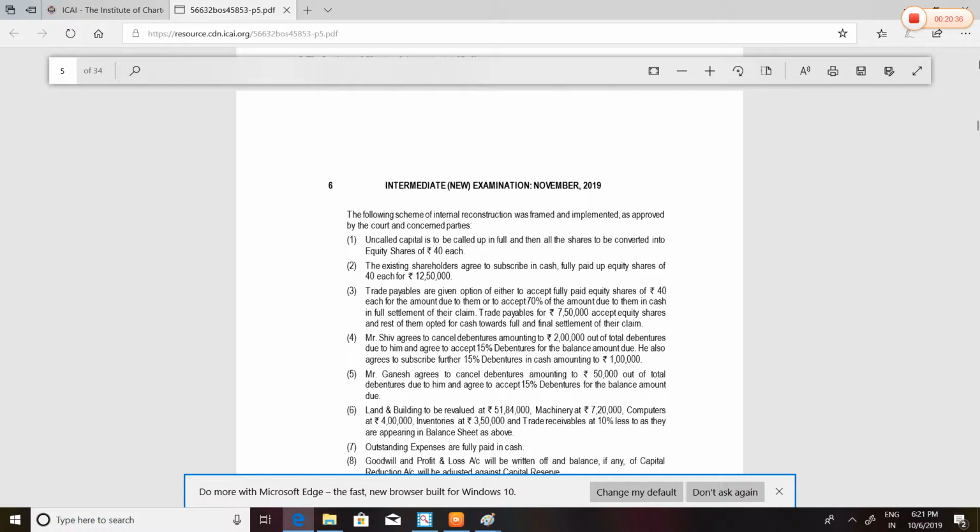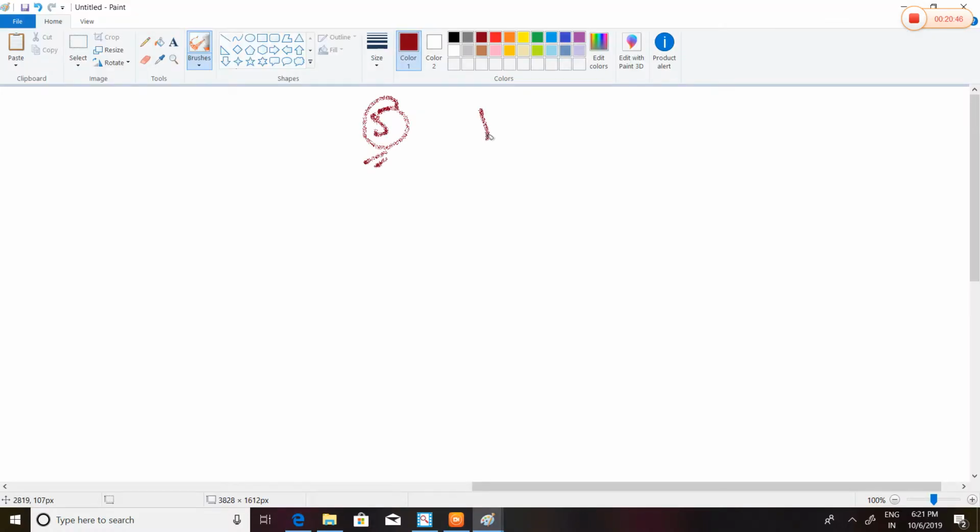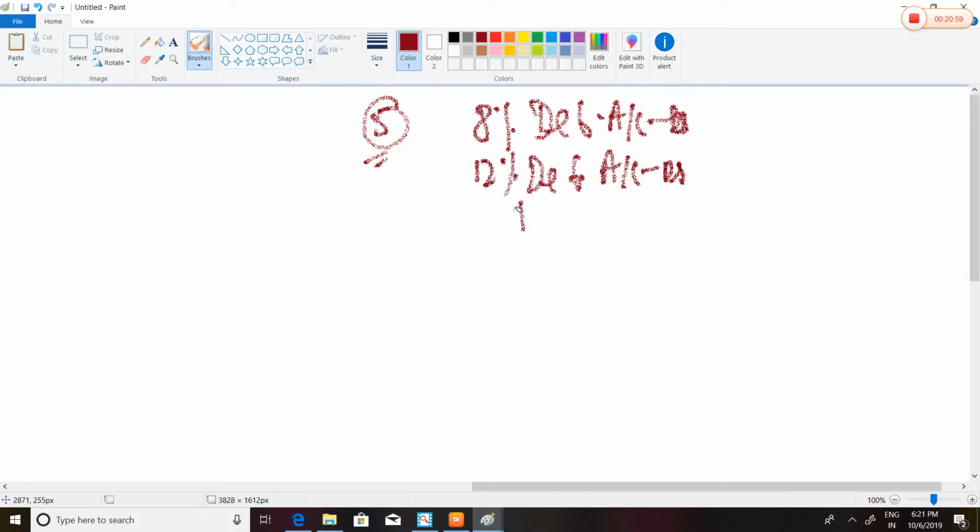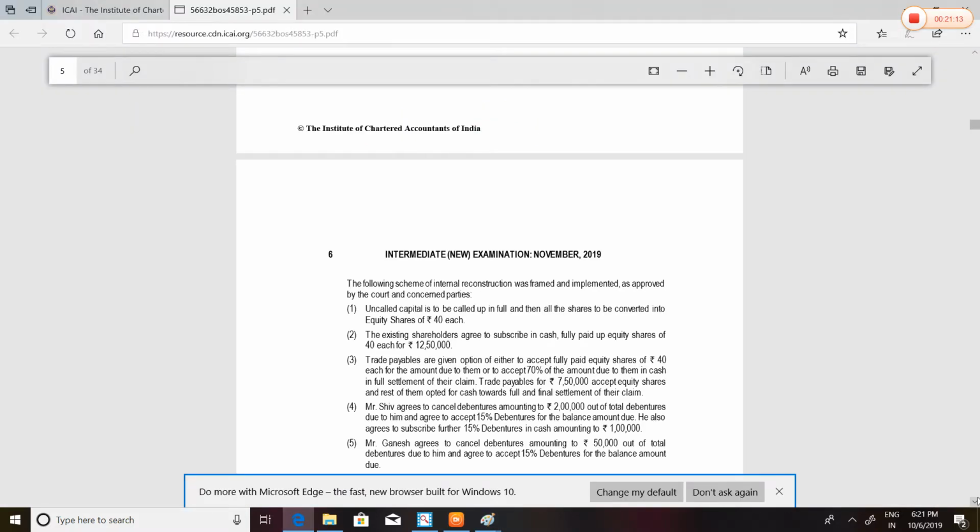Mr. Schiff, 8% debentures account debited, 12% debentures account debited. He also agrees to subscribe for the 15% debentures.